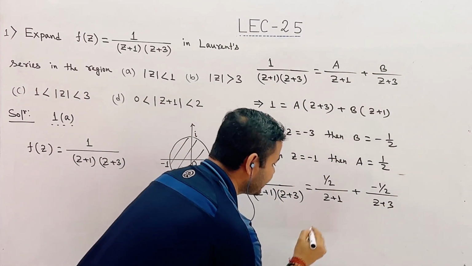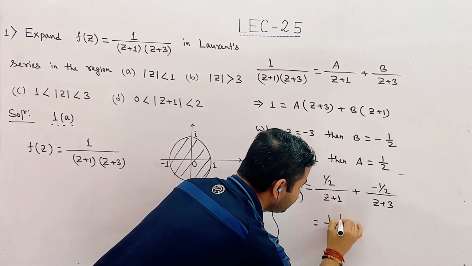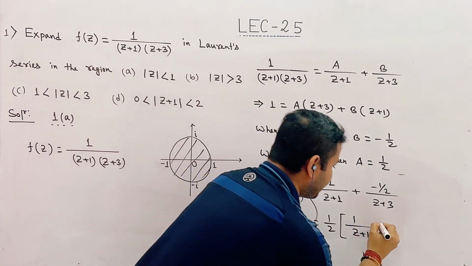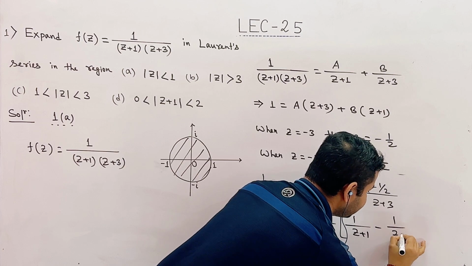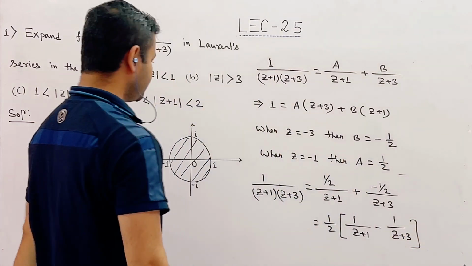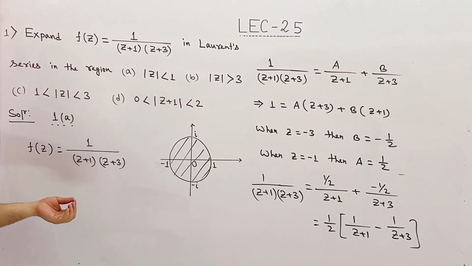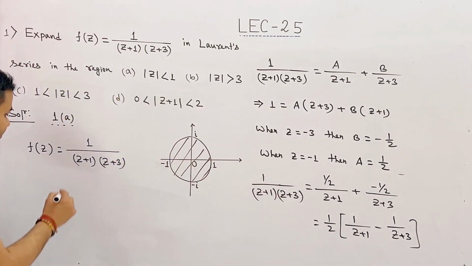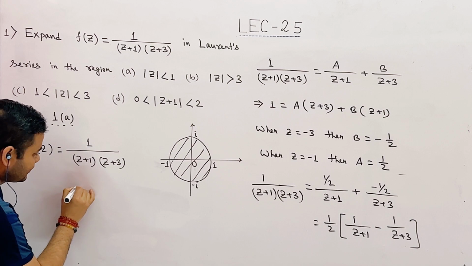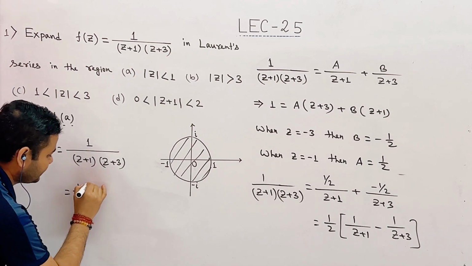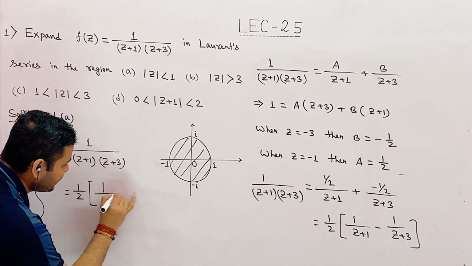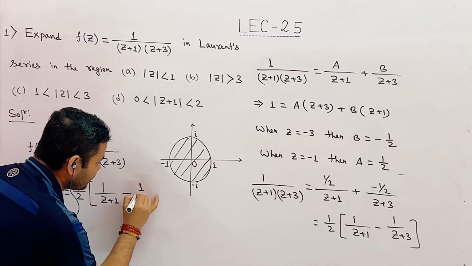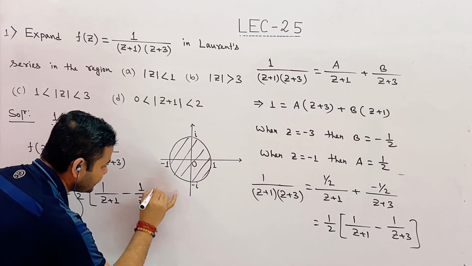So this one can be written as 1 by 2 into (1 by (z plus 1) minus 1 by (z plus 3)). So after resolving into partial fraction, this term can be written as 1 by 2 into (1 by (z plus 1) minus 1 by (z plus 3)).